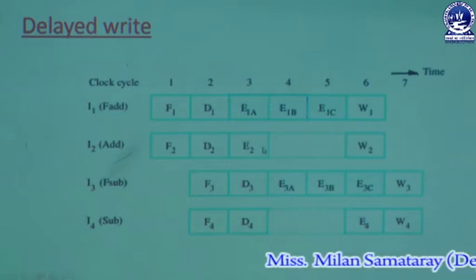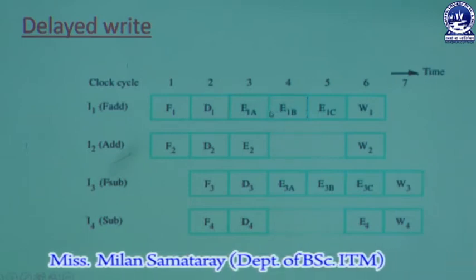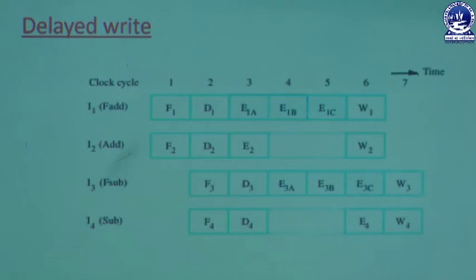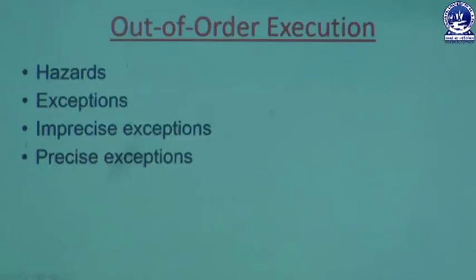If I1 causes an exception, then the program execution is in an inconsistent state. The program counter points to the instruction in which the exception occurs, and one or more succeeding instructions have been executed to completion. If such a situation is permitted, the processor is said to have imprecise exceptions, which I have written here. So what do we mean by imprecise exceptions?